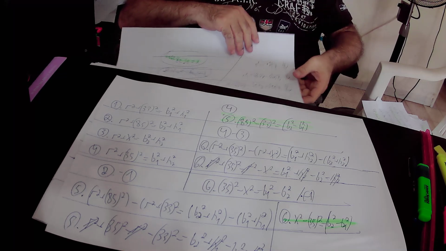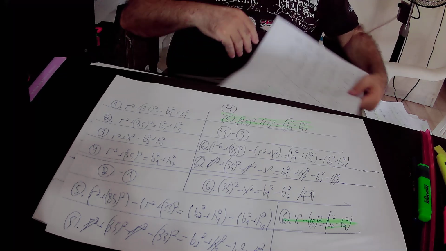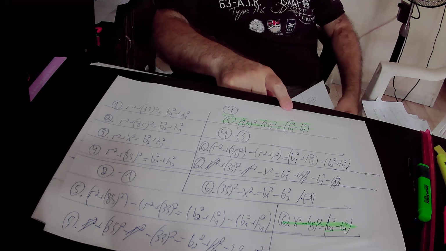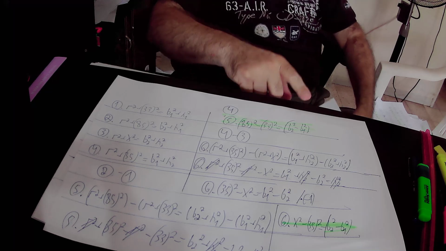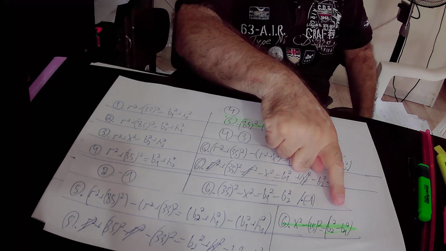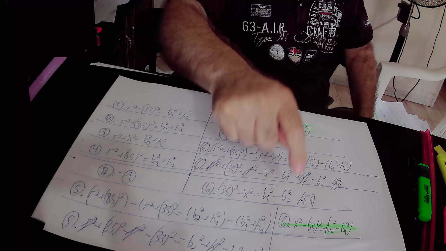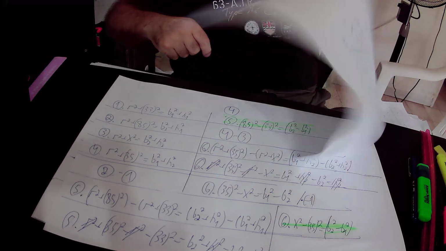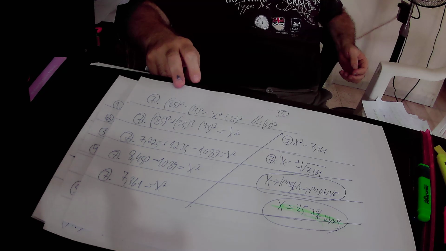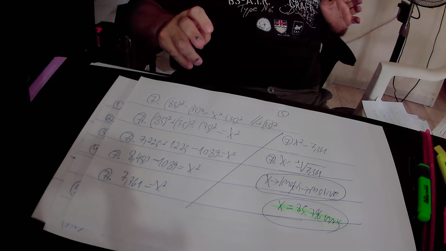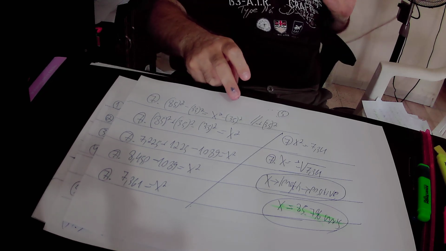Then we created equation number 7, which states that b2 square minus b1 square according to equation number 5 must be equal to b2 square minus b1 square according to equation number 6.